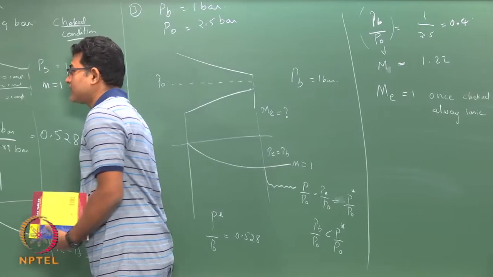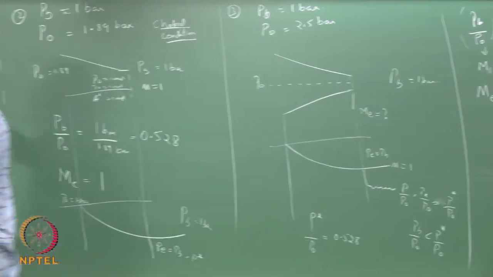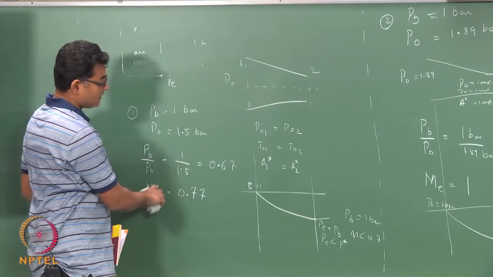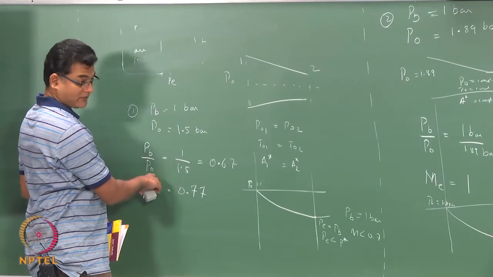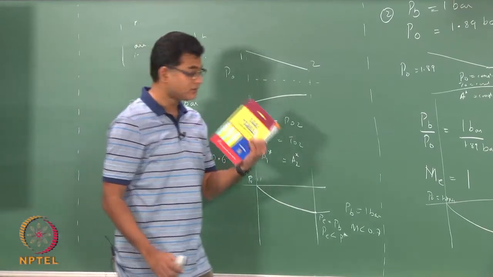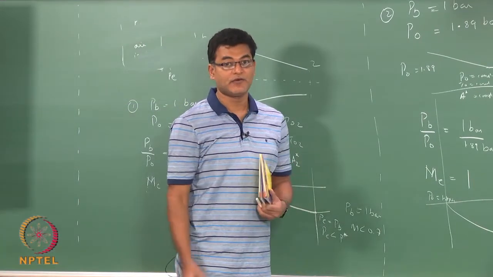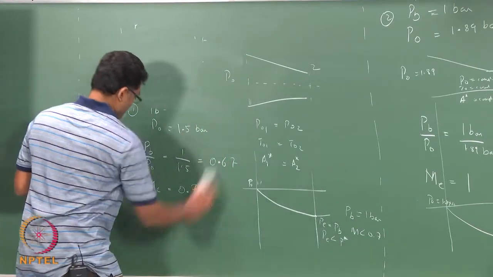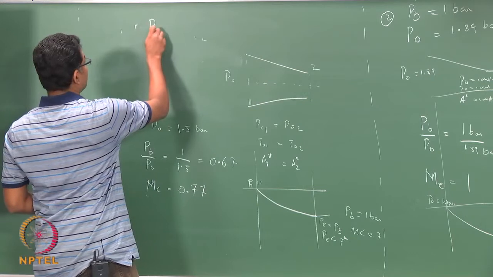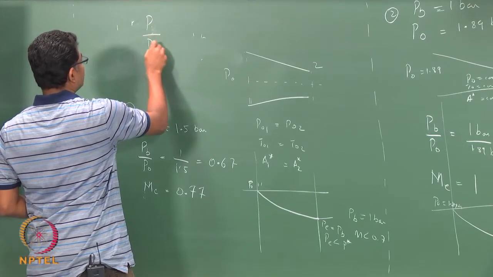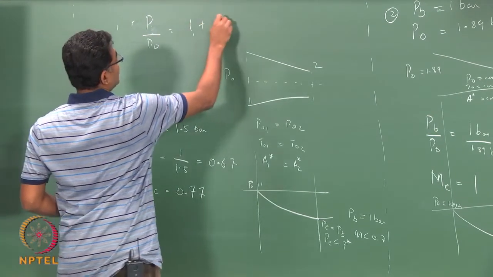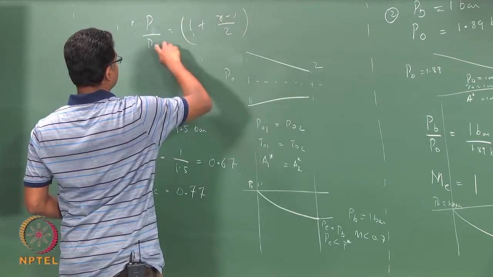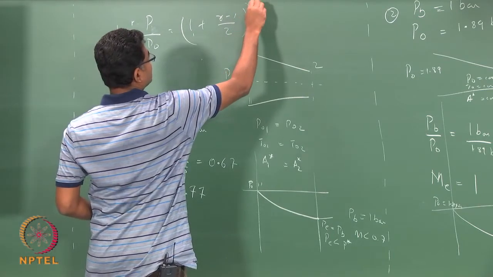Now, we go to the next question. So, you could do this Mach number identification from this pressure ratio using gas tables or with the equations which we have already written, which is P by P0 equals 1 plus gamma minus 1 by 2 M squared, to the power minus gamma by gamma minus 1.